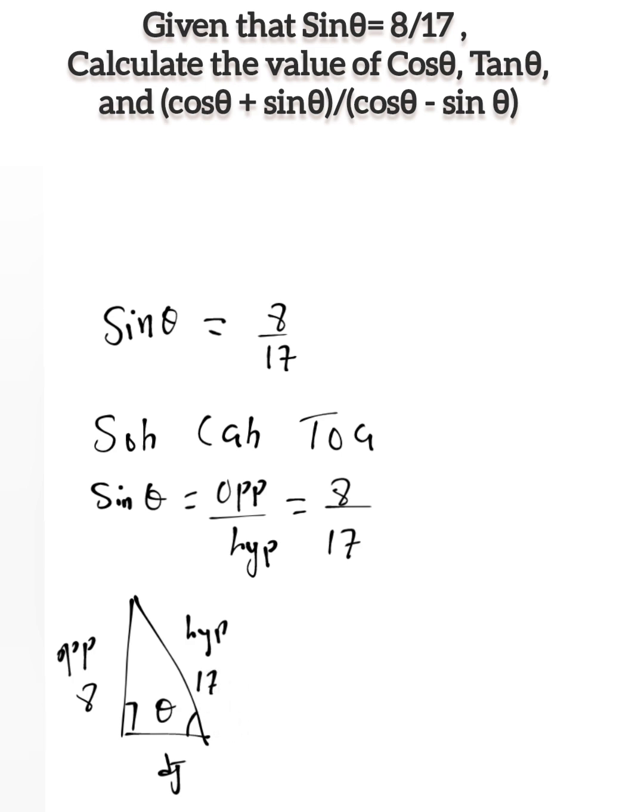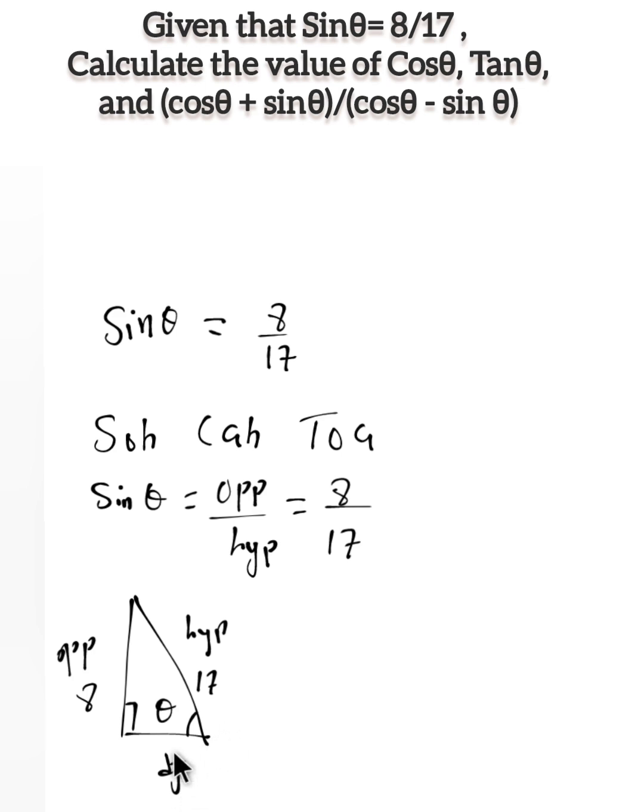So we have to find cos theta and tan theta. It's quite easy, but the first step is very important: we calculate the adjacent. With this information given, which is 8 and 17, we will be able to calculate the adjacent.